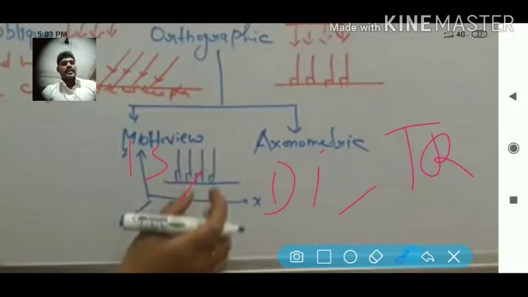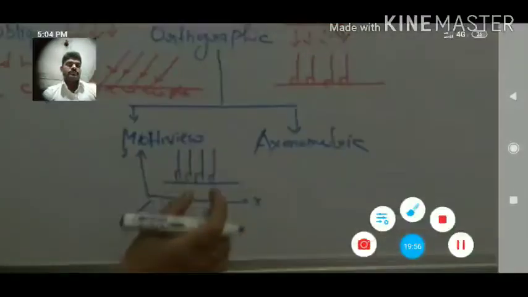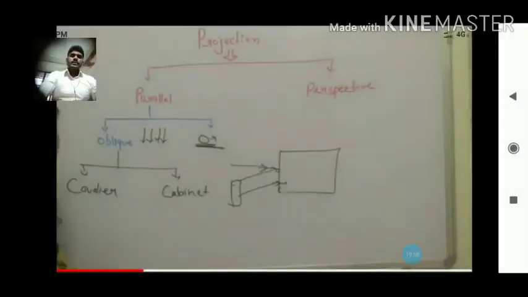So axonometric again has three types: isometric, dimetric, trimetric. So what is the axonometric, and isometric, dimetric and trimetric? We will see.